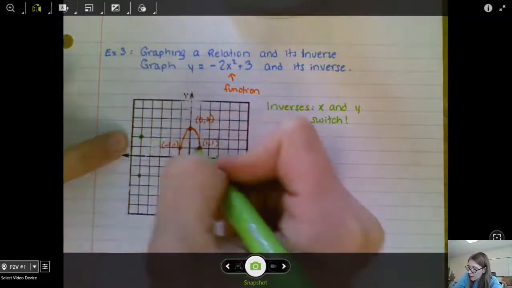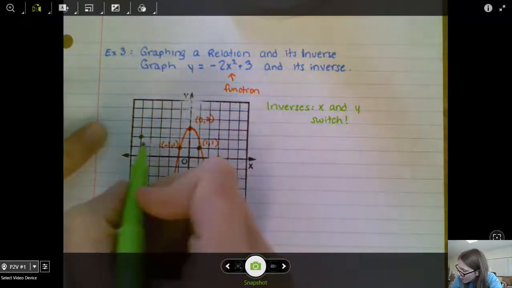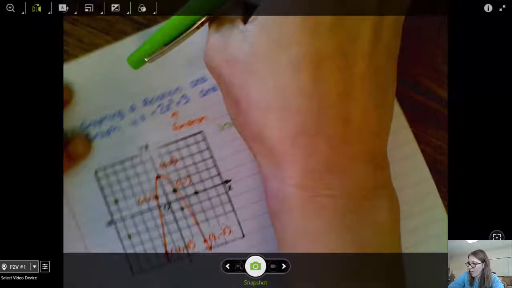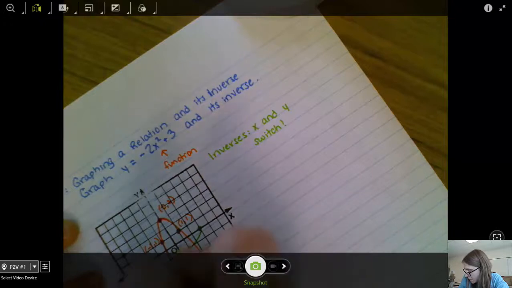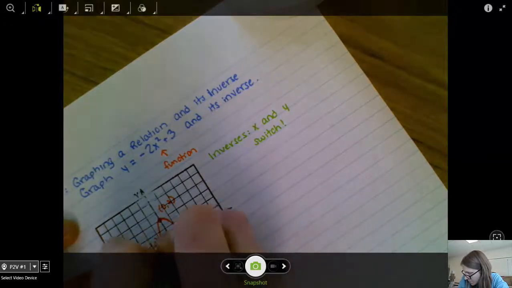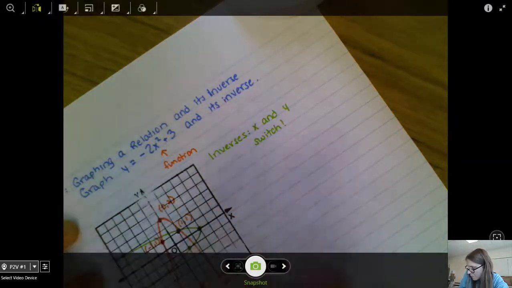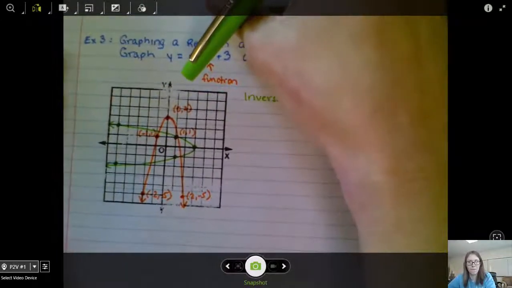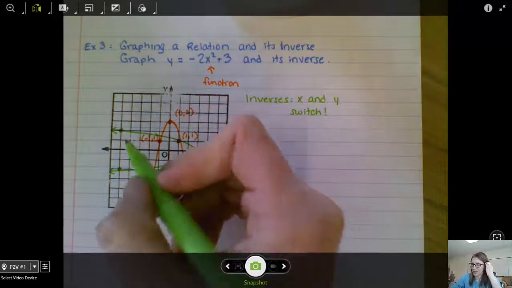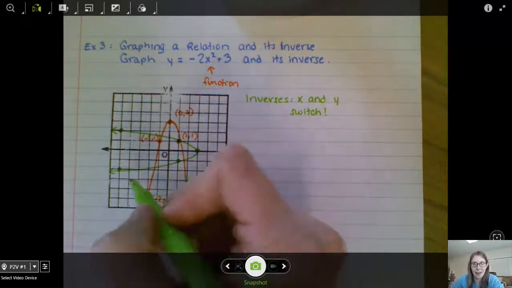So these green points now are the points of my inverse. Twist my paper to the side for a second. Okay, so you can see this green is my inverse.